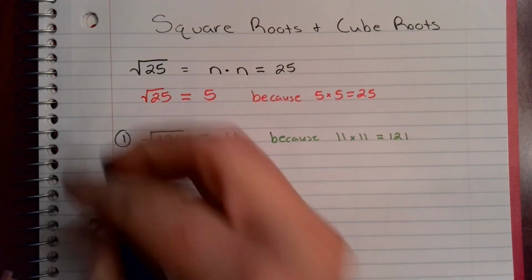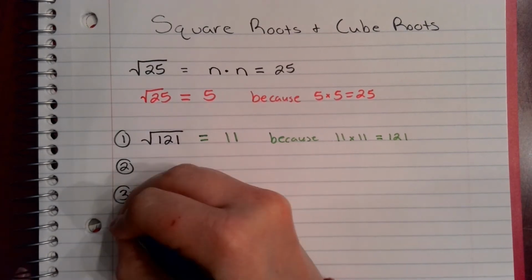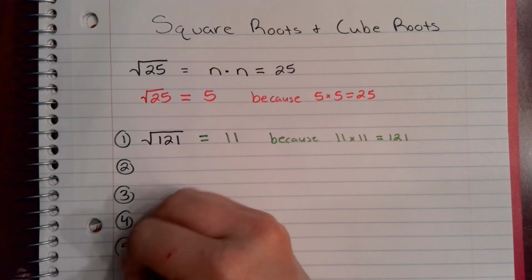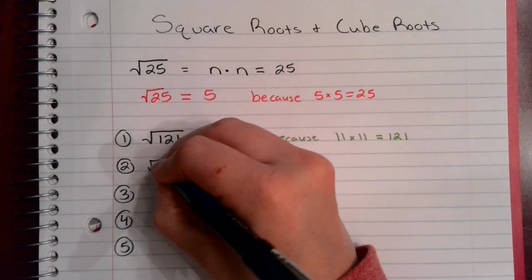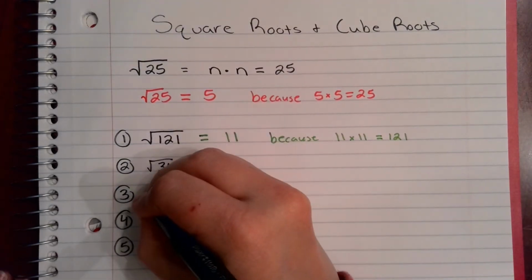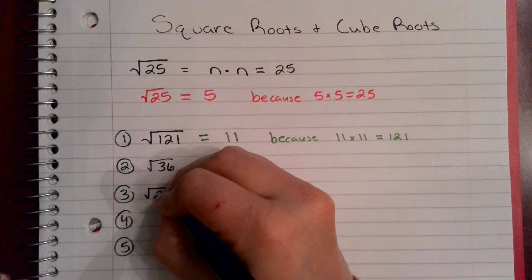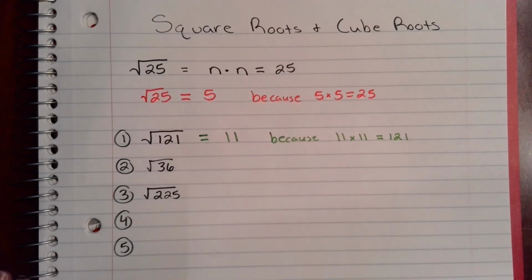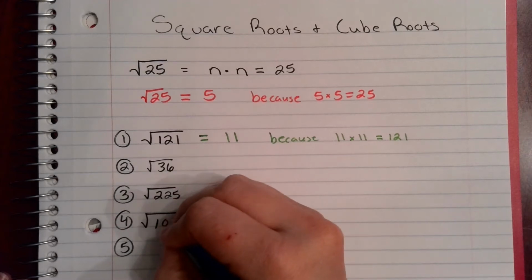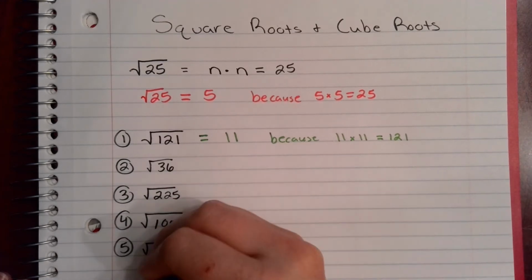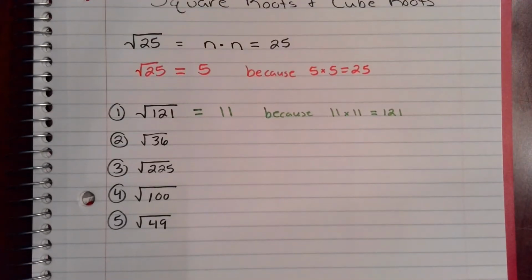Okay, I'll give you a few problems to try on your own for square roots. Let's say the square root of 36, the square root of 225, the square root of 100, and the square root of 49. Okay, all of these are considered to be perfect squares.